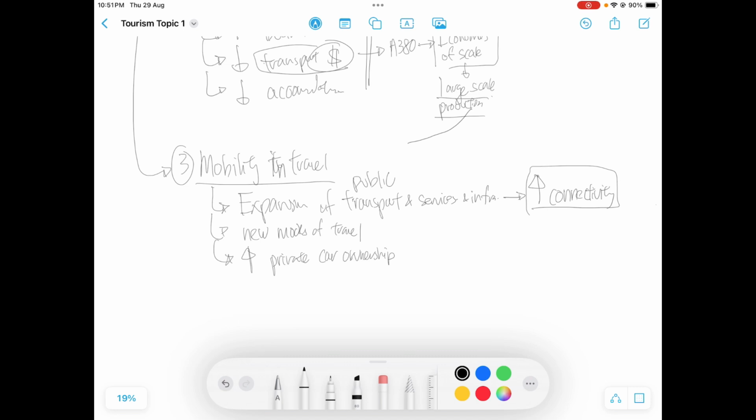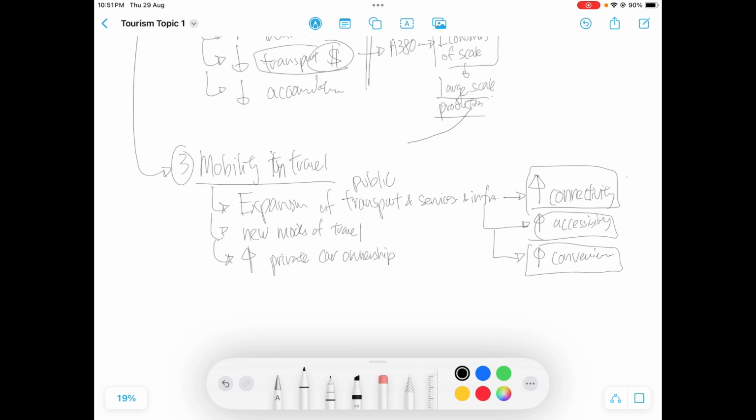And the expansion of infrastructure increases not just connectivity, it also increases accessibility and also at the same time convenience. Alright, so these are the three.